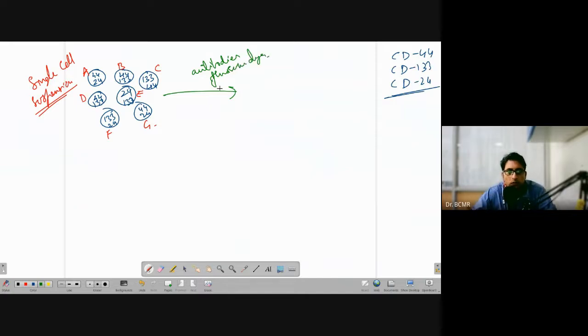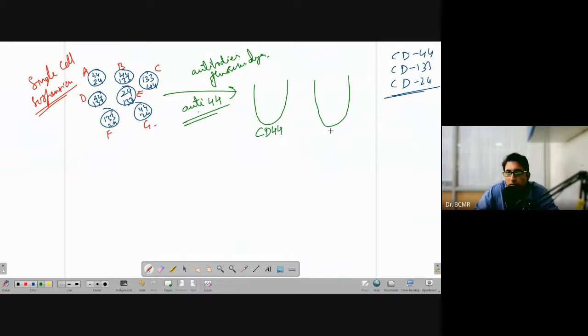So I'm going to use anti-44. That means all the cells that have CD44 will come into one tube, and into the other tube, the cells that do not express 44 will come.